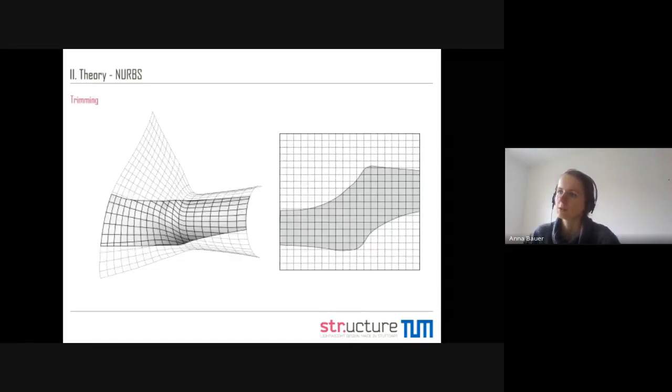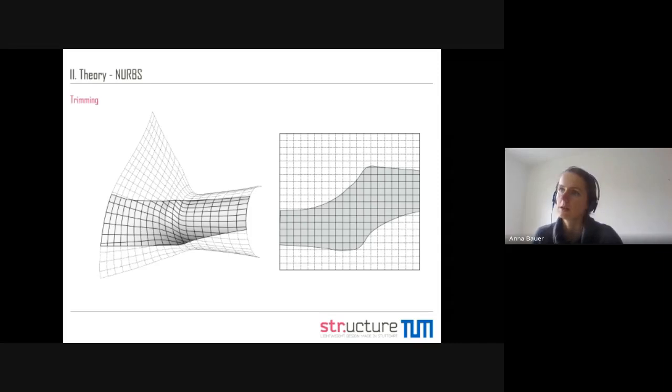And what it looks like, you probably have seen this before, so you have the surface, but you still have this complete control point net behind that. So you have this rectangular surface, and then you just cut out an arbitrary shape, which is visualized. So actually the whole surface is there, but only a part of it is visualized.